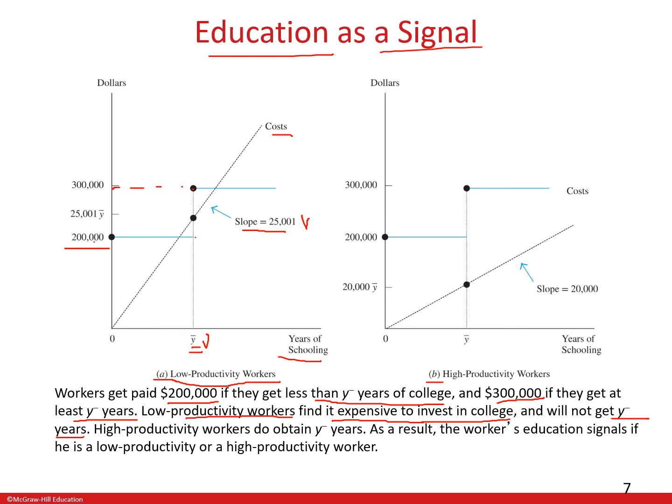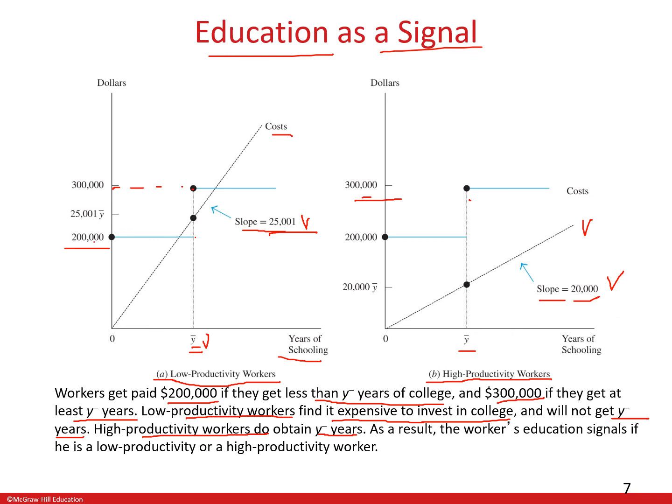However, in panel B, high productivity workers do obtain Y bar years of schooling or college. With Y bar years of schooling, they get paid $300,000, and the cost of going to college is the slope of the graph, which is $20,000, cheaper than the one for the low productivity worker, which is $25,001.